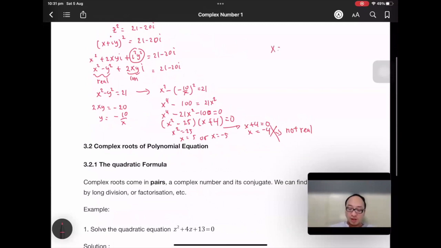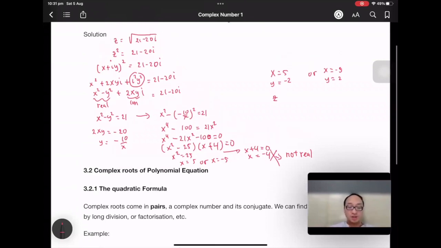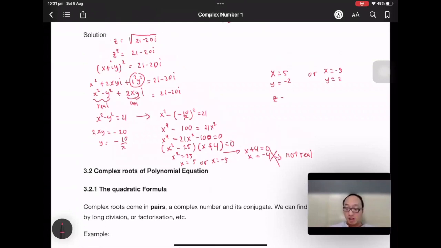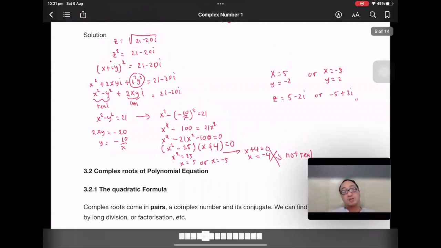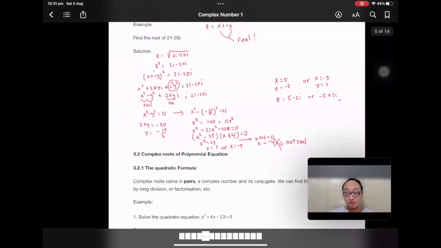When x equals 5, y will be negative 2. Or when x equals negative 5, y will be 2. So the two complex numbers, the roots of 21 minus 20i, are z equals 5 minus 2i, or negative 5 plus 2i. These are the square roots.